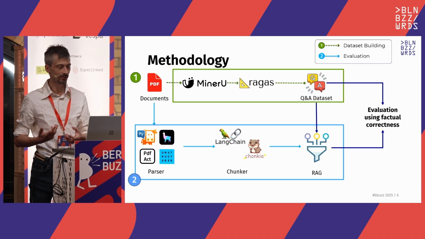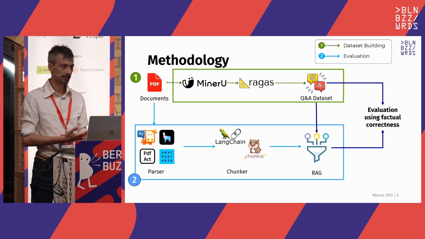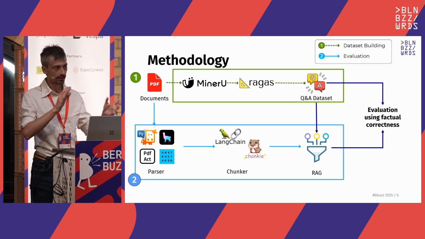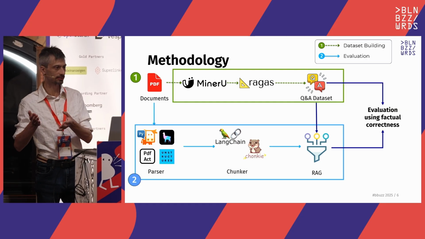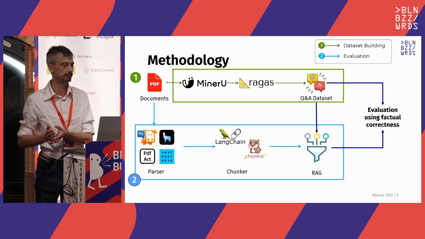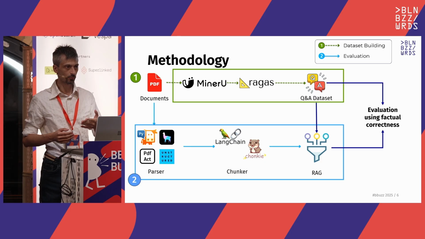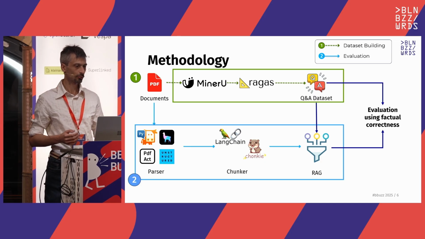In this case, we set MinerU, a PDF parsing library, as a baseline. Then we check additional PDF parsers against this baseline and the evaluation Q&A dataset that we assembled. In this case, the Q&A dataset was generated using an LLM, so we didn't rely on users to generate those questions.